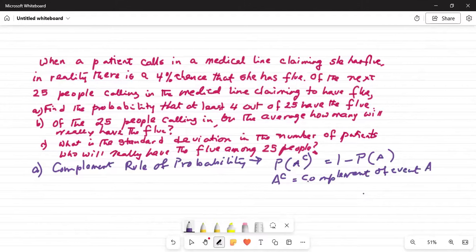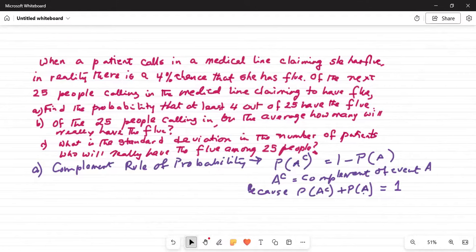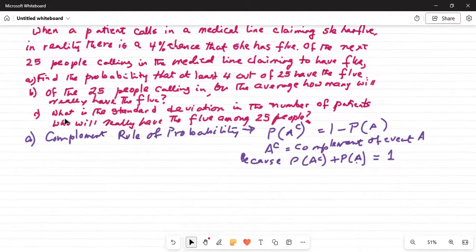How do we come across this rule? Because the probability of the complement of A plus the probability of A, the sum of the probabilities as I just mentioned, is equal to 1. So in our case, we want to find the probability of x greater than or equal to 4.